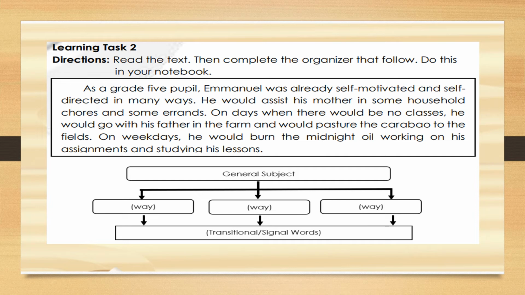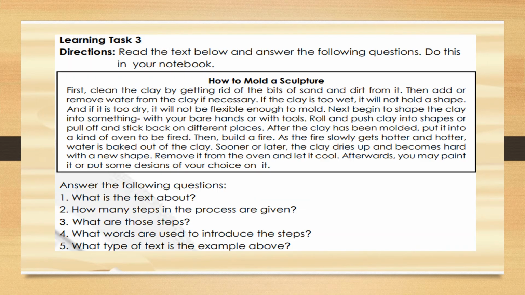And for Learning Task 2, read the text, then complete the organizer that follows. Do this in your notebook. Learning Task 3, read the text below and answer the following questions. Do this in your notebook.